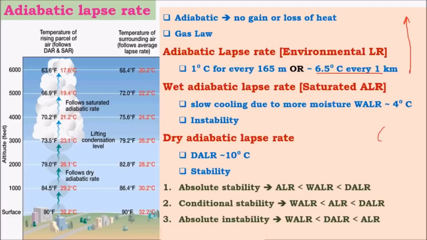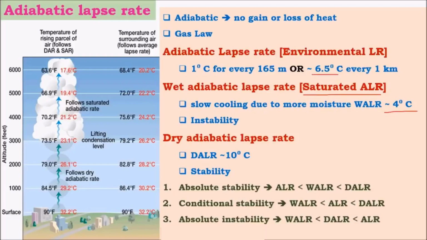In such cases, the lapse rate is usually 6.5 degrees Celsius, and it is called the environmental lapse rate or adiabatic lapse rate. And there is one more concept called wet adiabatic lapse rate, which is also called saturated adiabatic lapse rate. Wet adiabatic lapse rate is comparatively much smaller compared to the adiabatic lapse rate.